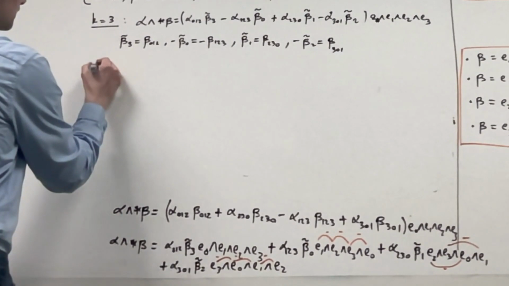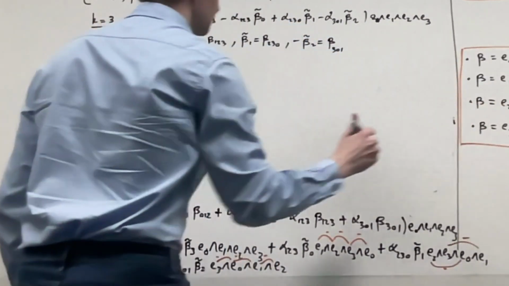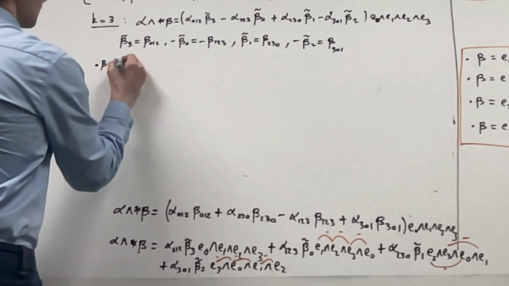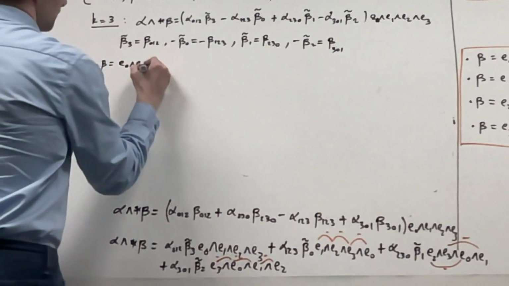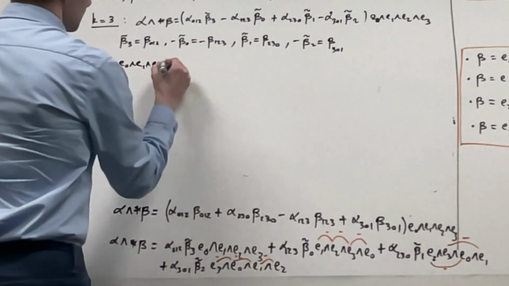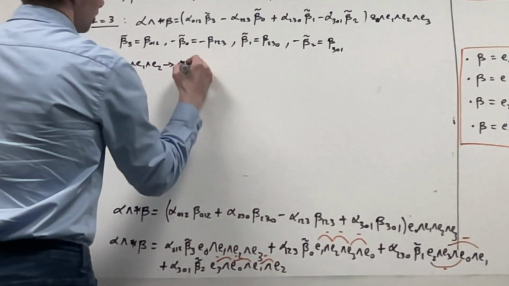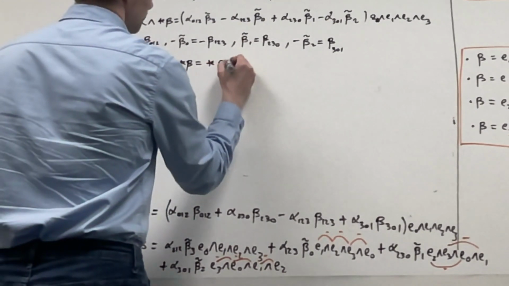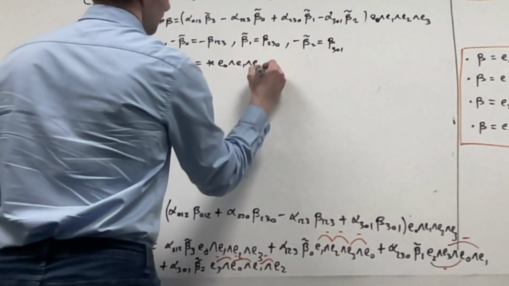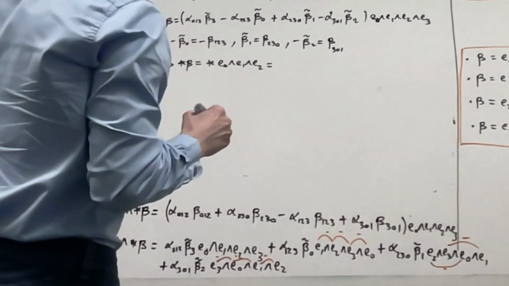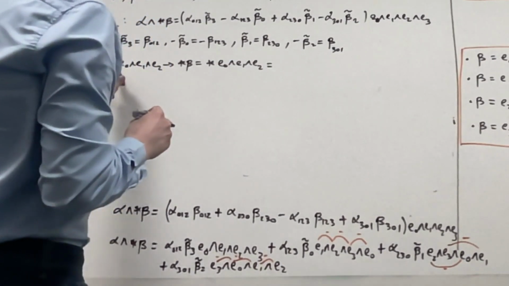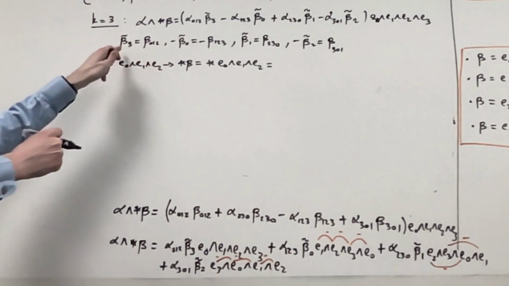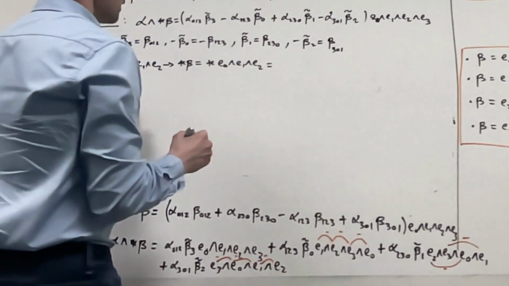So then we can look at the different kind of expressions. So here, let's say, I'm just going to do something very similar to that. So let's say beta is equal to E0, E1, E2. Therefore, star of beta is equal to star of E0, E1, E2. And what we have is that beta 0, 1, 2 is equal to 1, and that corresponds to beta tilde 3 equals 1.